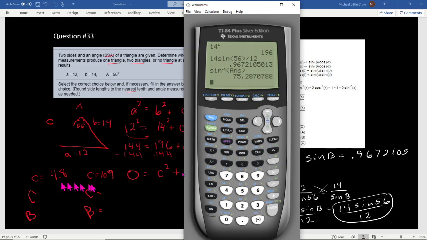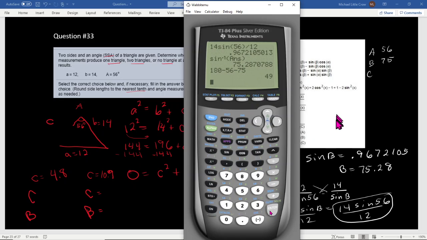So which one does it go with? Let's see. If that's that, then we could calculate angle C, because then we've got angles A, B, and C. So we've got 56, we've got 75, and then C would be 180 minus 56 minus 75.